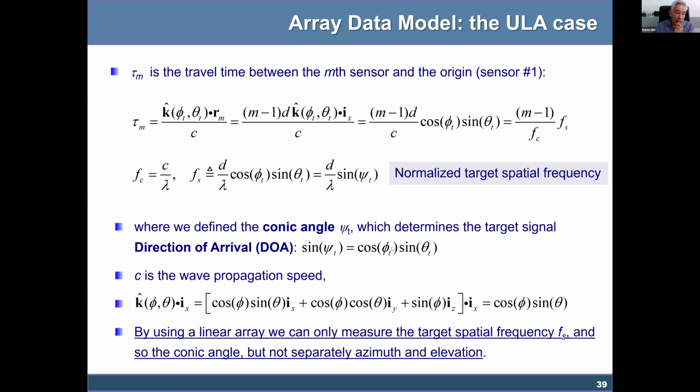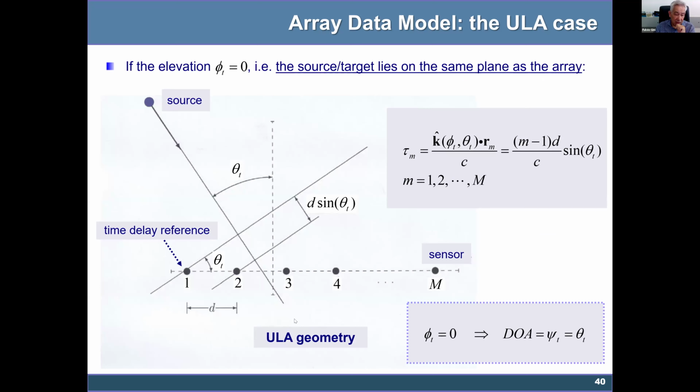Now, what is the delay between sensor 1 and sensor m? You can understand from this figure. For example, what is the delay between sensor 1 and sensor 2? This is the space that should be traveled from sensor 1 to sensor 2. So this is the wavefront. This is the propagation direction orthogonal to the wavefront. This is the additional space that should be traveled.